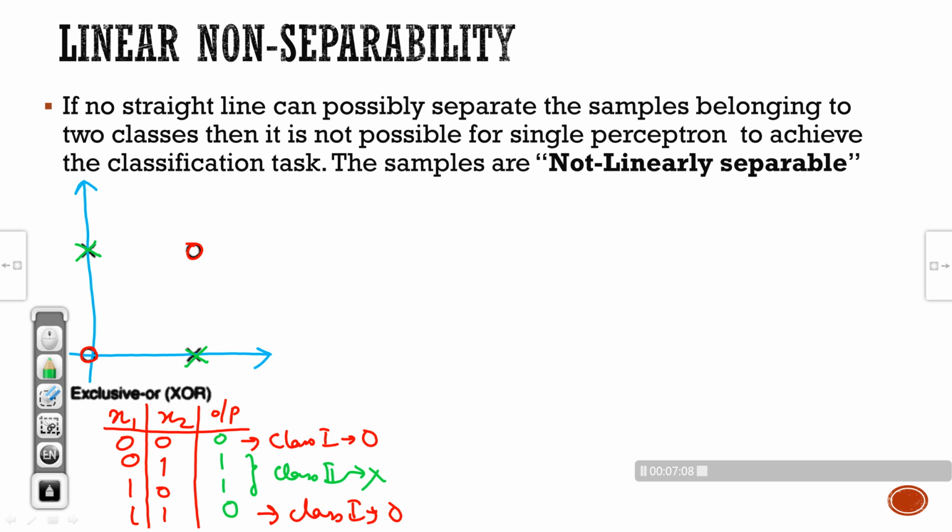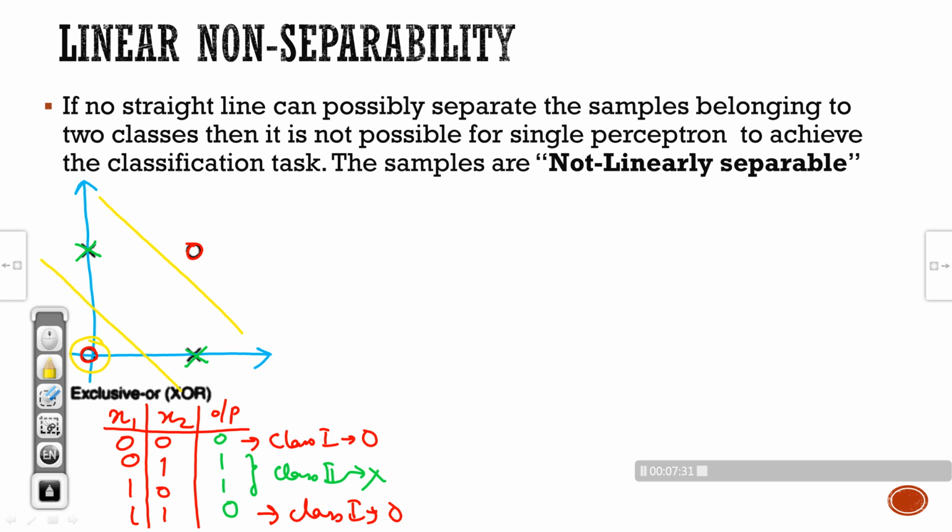Now, is it possible, by simply drawing a line, to separate these patterns? If I draw a line somewhat like this, then it is not classifying. This one particular point is still misclassified. So it is not possible to separate this problem by drawing a single line; we may require two lines.